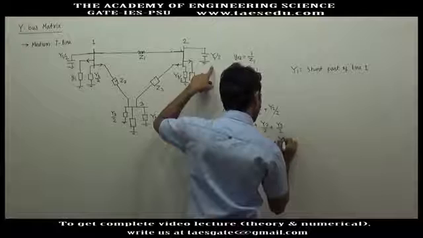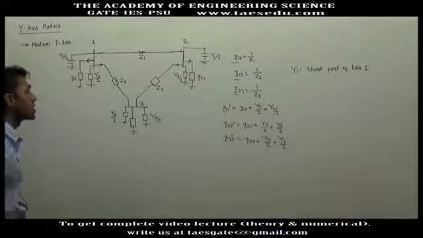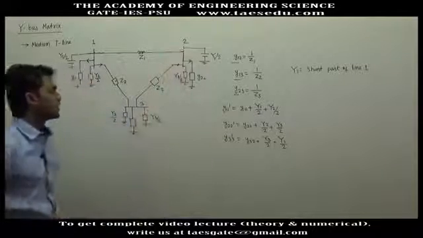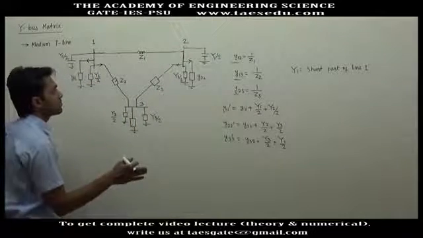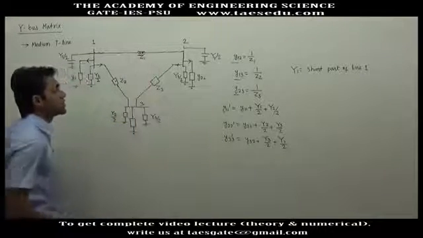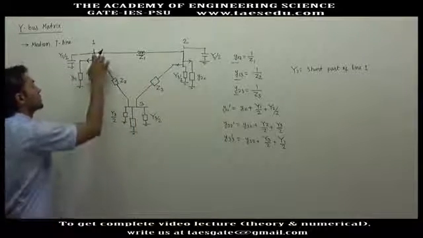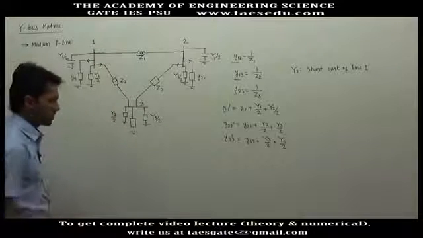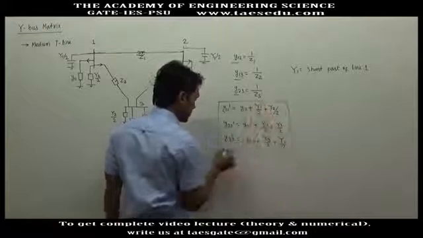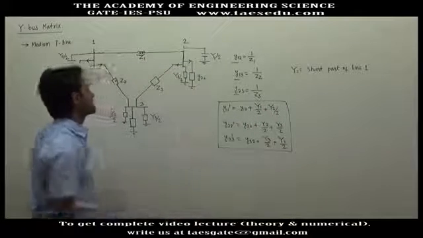What happens in a medium transmission line? In the pi model of a medium transmission line, the series impedance is connected in the middle and the shunt part is connected at the extreme end. That's why we could reach this conclusion.